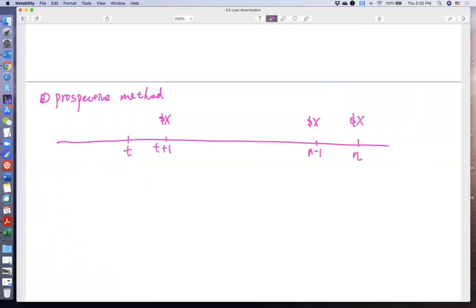Right? So in order to figure out the remaining balance, B_t is nothing but how many payments you still need to pay. In this case, it will be n minus t. So that's the remaining payments we still need to pay.